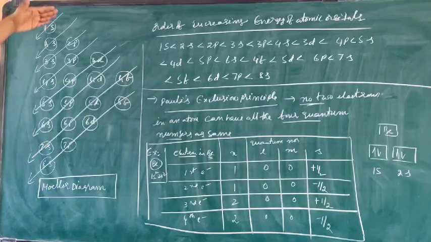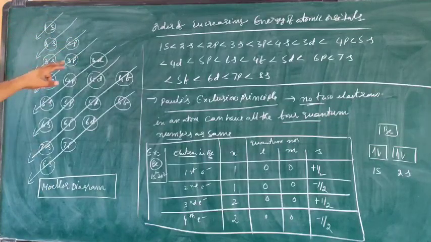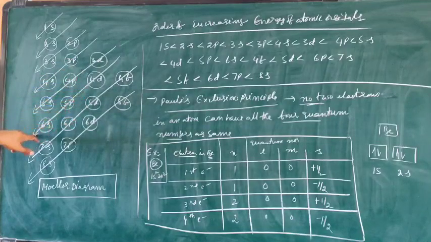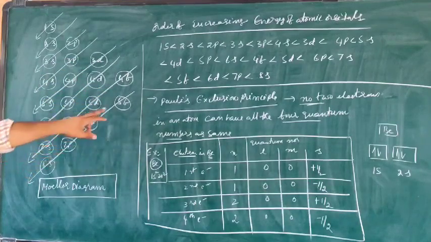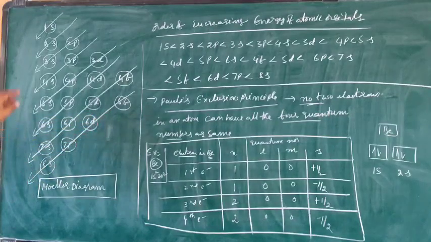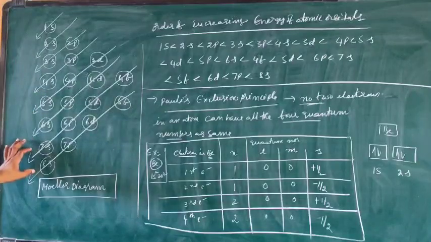If you observe, this is 1s, again 2s. Next one, 2p, 3s, 3p, 4s, 3d, 4p, 5s, 4d, 5p, 6s, 4f, 5d, 6p, 7s, 5f, 6d, 7p, 8s. So if you observe, 1, 1, here 2, 2, here 3, 3, here 4, 4 like that.